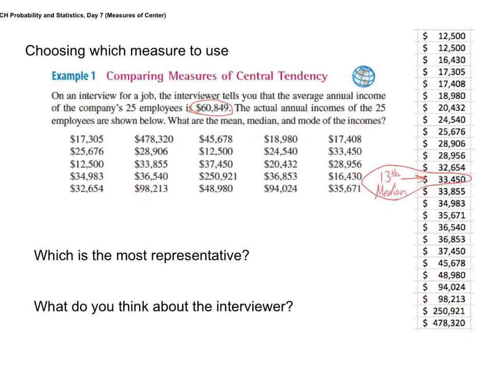Does this have a mode? Yeah, 12,000. Here's our mode right here. So question, which of these numbers is most representative of the actual data, would you say? Median? Probably, yeah. Look at where our mean lies. Our mean would be somewhere in here, right?